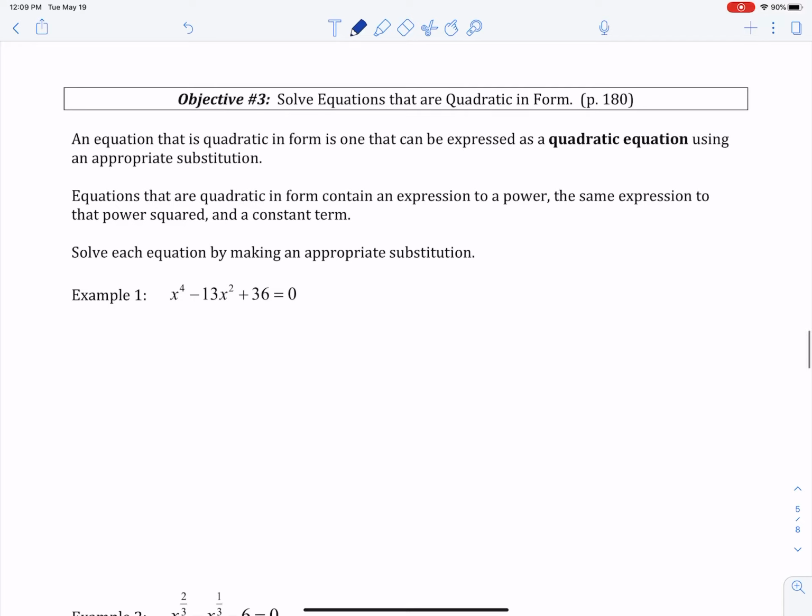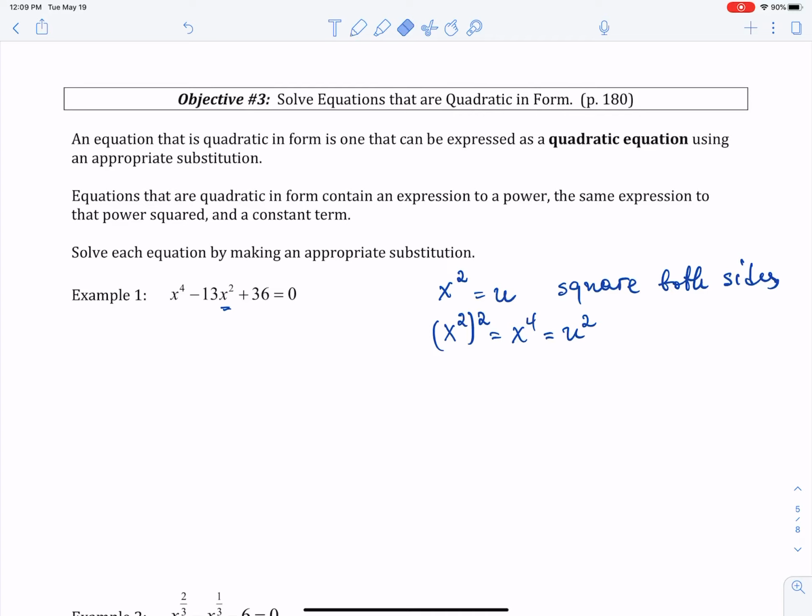Notice that if I take the lowest power and set this variable with the lowest power equal to some variable u, and if I decide to square both sides, we end up having x squared squared, which is x to the fourth, is going to be u squared.